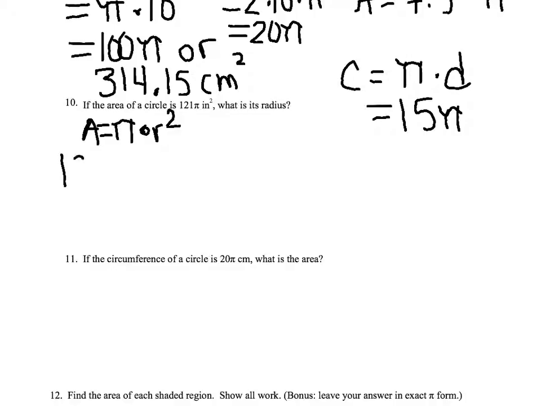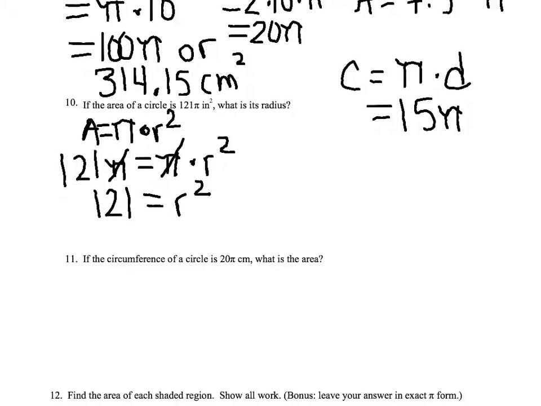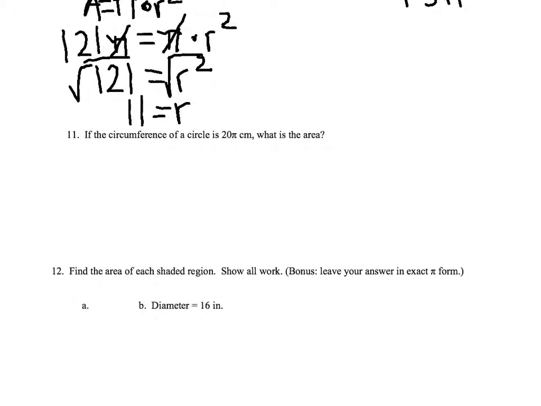So we're going to do 121 pi equals pi times r squared. Pi's cancel out. We get 121 equals r squared. To get rid of a square, we take the square root. R is 11.